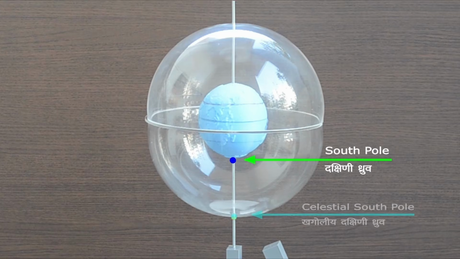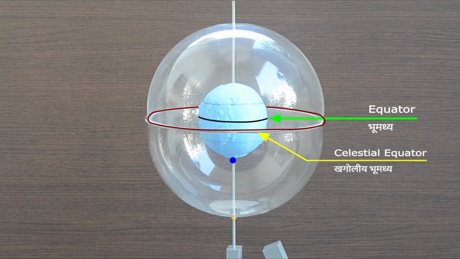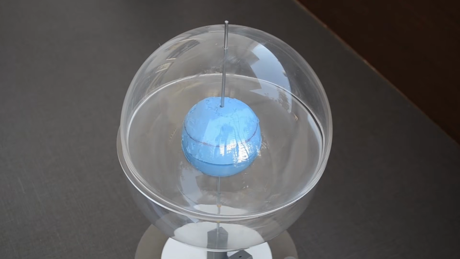These points are the extensions of the poles we have on Earth. Line dividing the two hemispheres is the celestial equator. In this new setup, axis of both the sphere is the same. So are the poles.